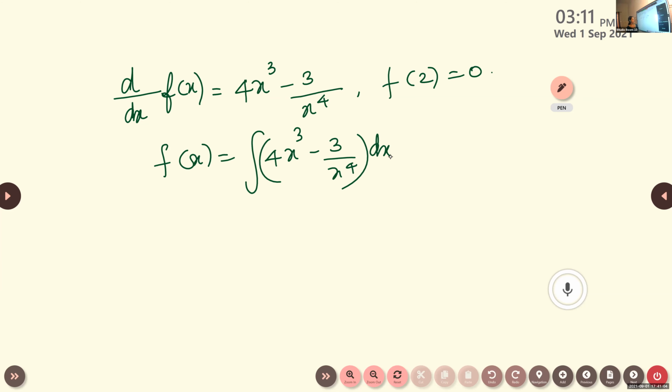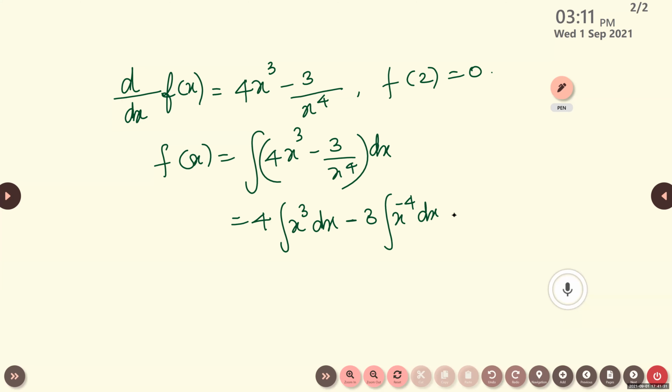It is the integration of 4x cube minus 3 by x raised to 4. 4 is a constant, we can take it outside: integral of x cube dx. Again, 3 is a constant. 1 by x raised to 4 means x raised to minus 4, into dx. Now, what is the integral of x raised to n? It is x raised to n plus 1 by n plus 1. Very good.